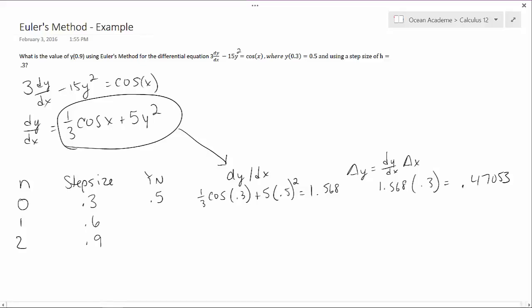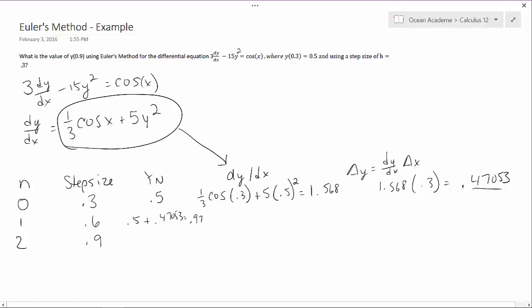So again, we've got 0.5 for our yn, but this time we have to add our value here. So that's plus 0.47053, and that equals 0.97.